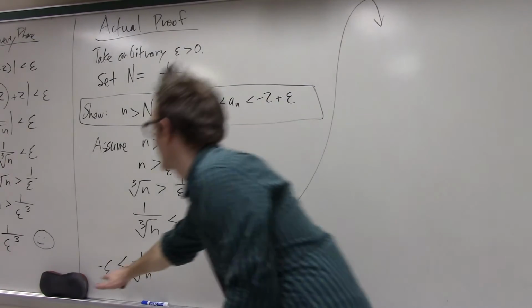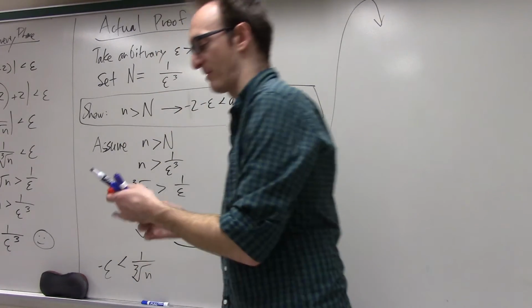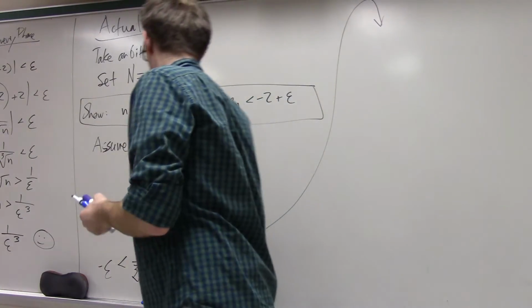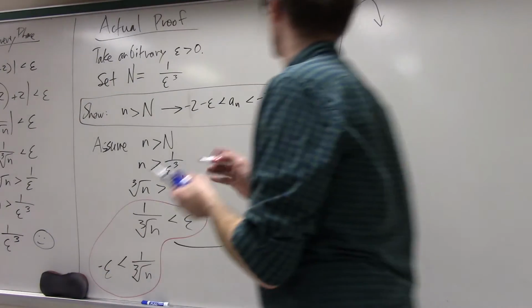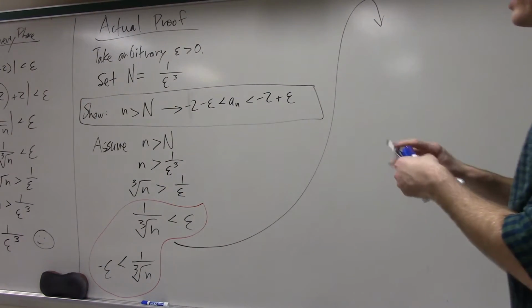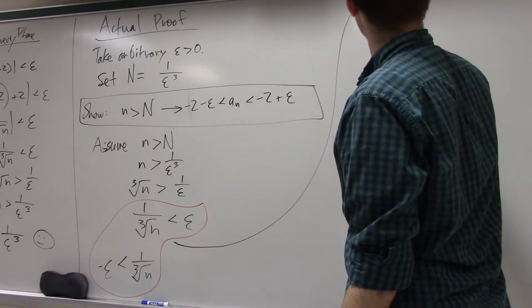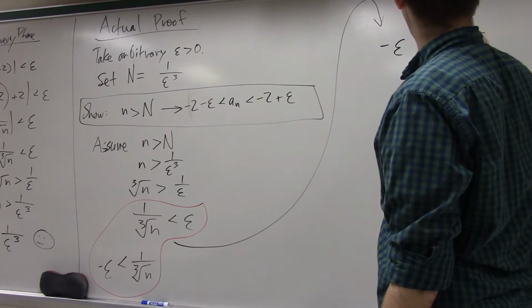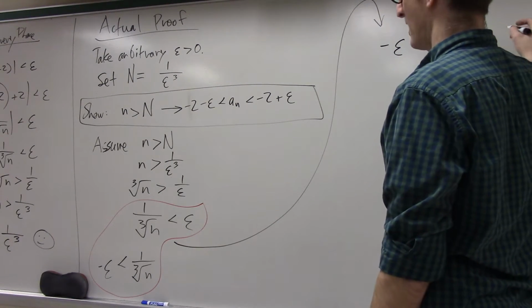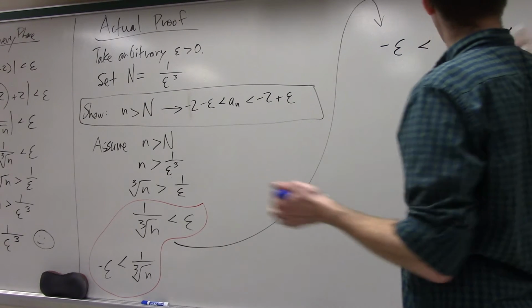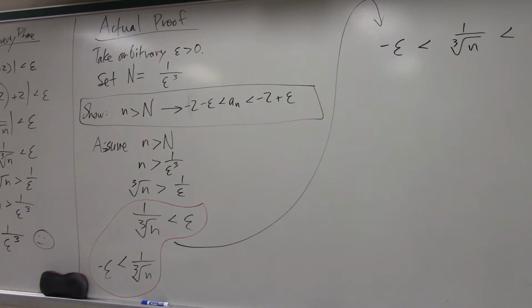So every negative number is going to be less than every positive number. And so if I now take these two inequalities and join them together by the definition of compound inequality, it must mean that 1 over cube root n is between negative epsilon and epsilon. Does that logic all make sense? I think it's good. So you have to write a little bit more if you want to avoid using the absolute values. Some people like the absolute values, some people find them annoying.